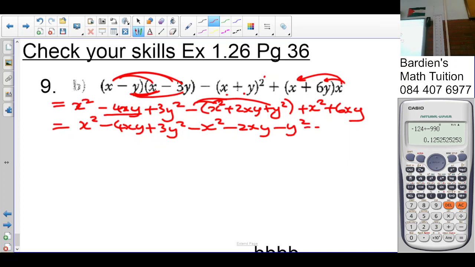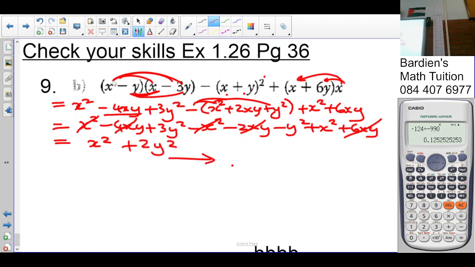So that's going to give you plus x squared plus 6xy. So x squared cancels x squared, leaves you with x squared. Negative 4xy minus 2xy is negative 6xy. Also cancel. Not so? 3y squared minus y squared will be positive 2y squared. Is that the right answer? Yes. Right. Where did you guys go wrong here?